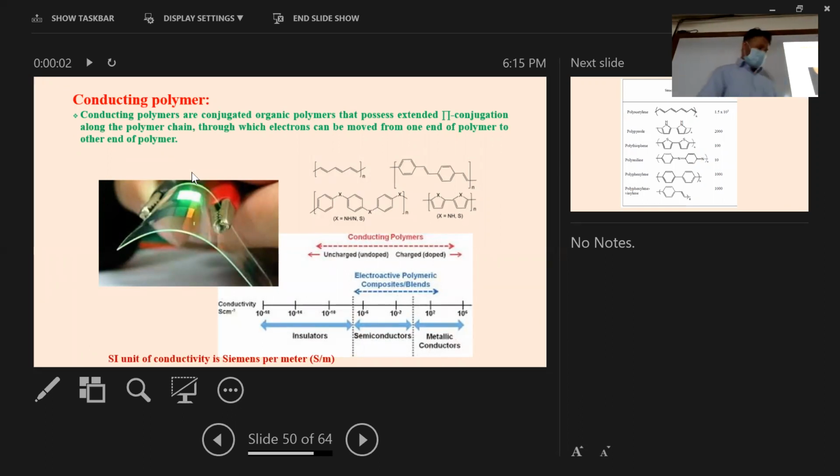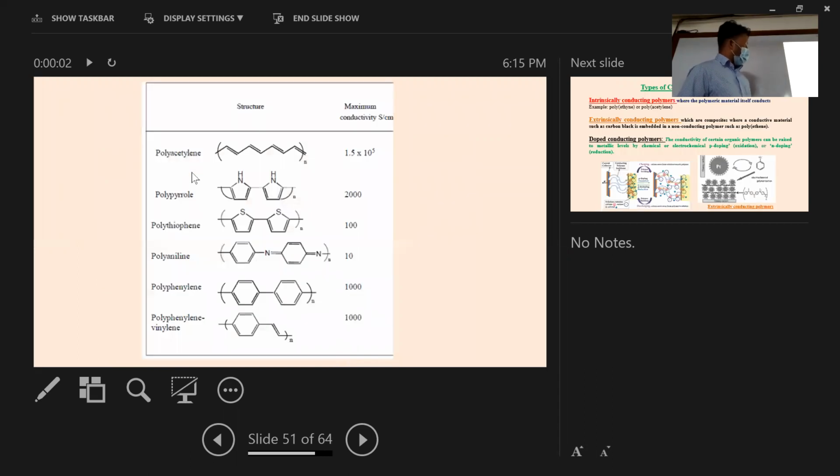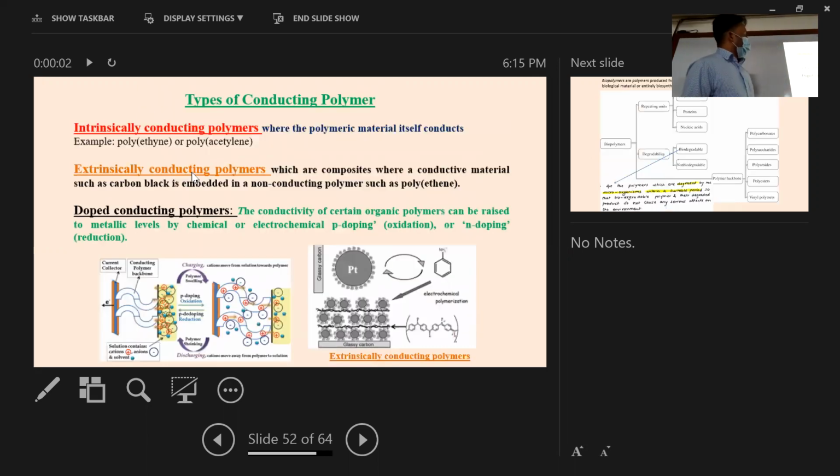So we can also have those types of polymers, covering the range for insulator, conductor, or semiconductor. There is something more, but I think that is not so important. Types of conducting polymers, that's fine, it is not the topic for organic, we can skip.